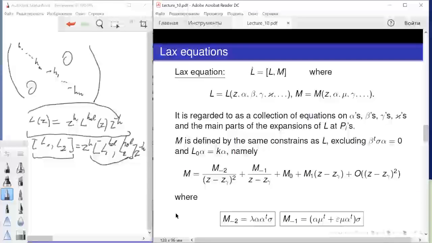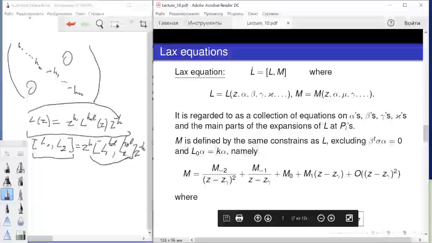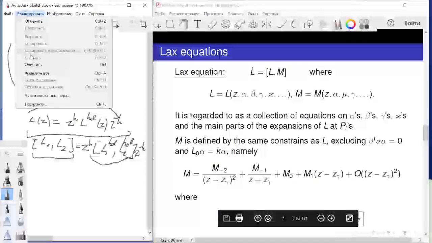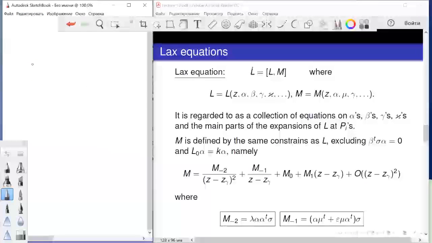What we need to define a Lax equation, having such a Lax operator, is the second operator M, which is also required to satisfy completely the same conditions as L, except for one. We don't require that beta sigma alpha is equal to 0.